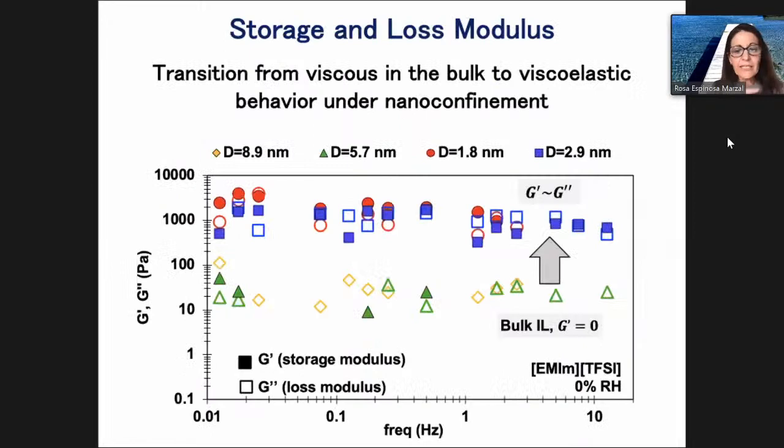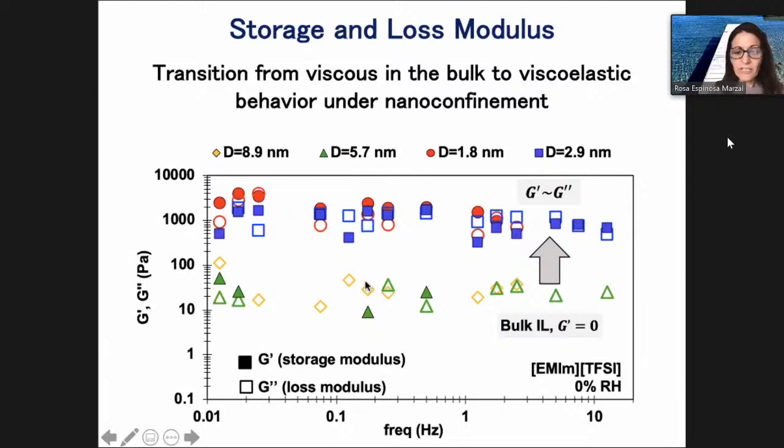So when we determine the storage modulus and the loss modulus for the ionic liquid here at 0% relative humidity, confined to different thicknesses, as a function of the frequency, what we observe is that when we decrease the film thickness, there is a prominent increase of the storage modulus. For the bulk ionic liquid, we have a viscous liquid, so G prime is 0.